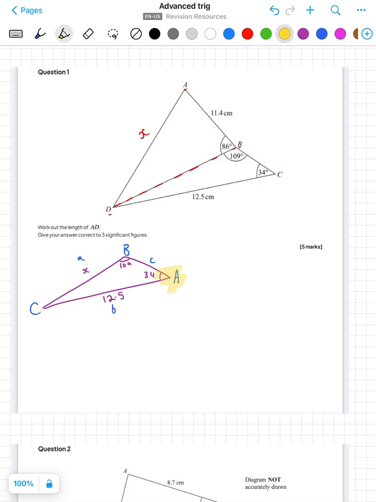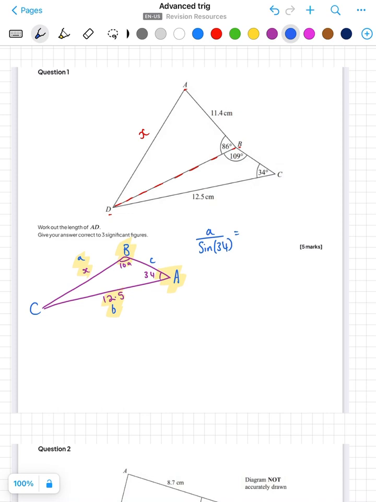We know angle A, we know pair B and B, and we're trying to find length a. Pairs. This is the sine rule. We're trying to find a length, so we're going to put the lowercase a on top. So that's a over sine 34 equals b, which is 12.5 over sine 109.